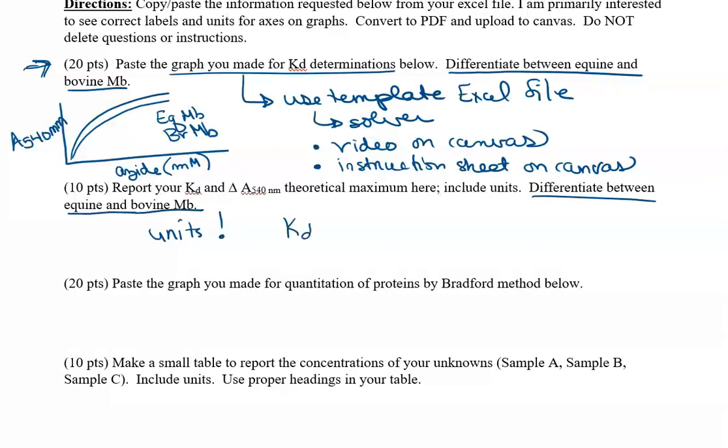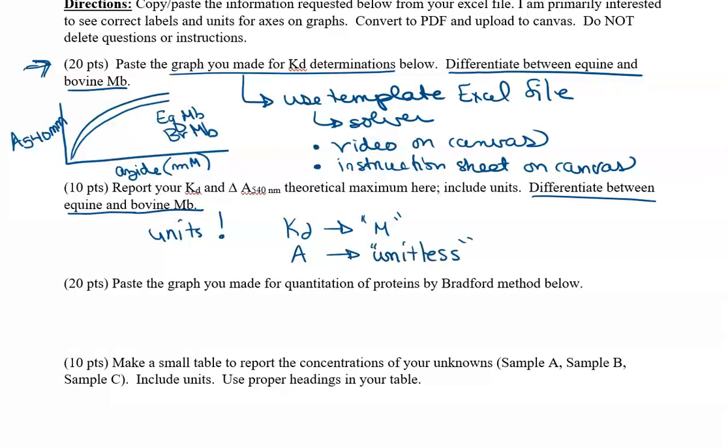So the KD is in units of essentially molarity, and make sure that you use the proper exponent or the proper prefix for the metric system to report that in the proper order of magnitude. And remember that absorbance is a unitless quantity.